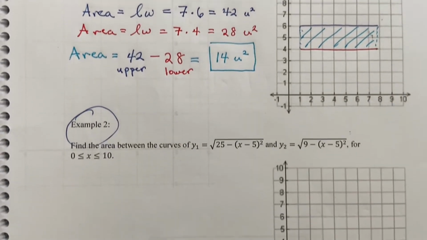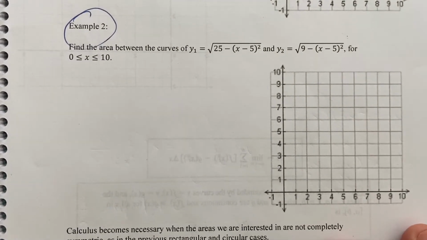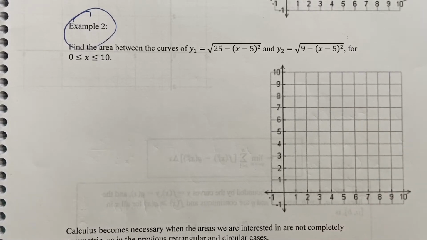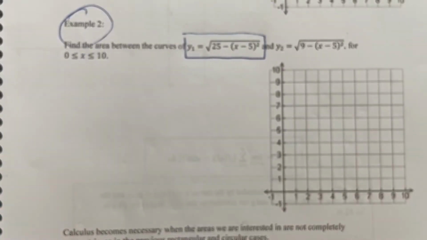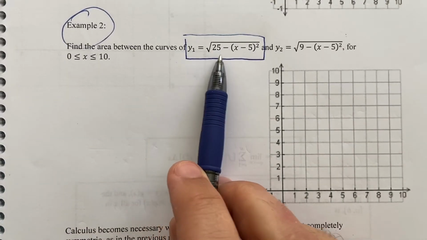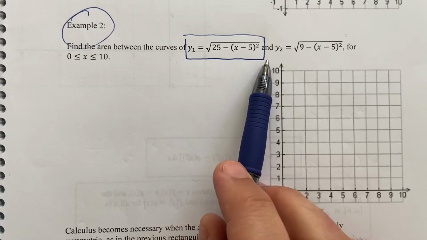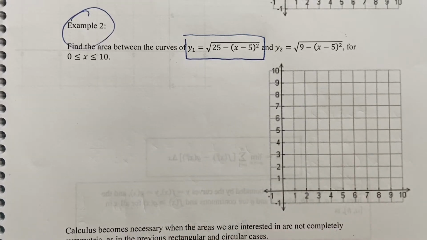Let's try another one. What if these are the functions we care about? We're going from 0 to 10 this time. It says, find the area between the curves. We have y1 equals this square root, and y2 equals this other square root.